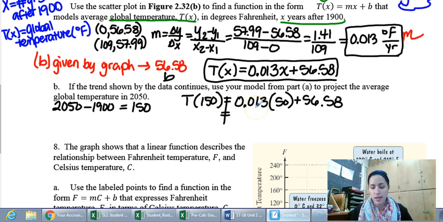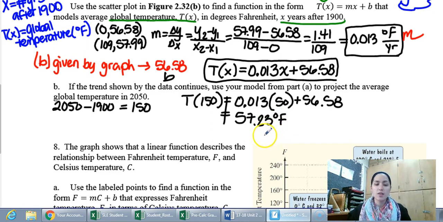And let's do it in the calculator. 0.013 times 50 plus 56.58, and we get 57.23 degrees Fahrenheit.